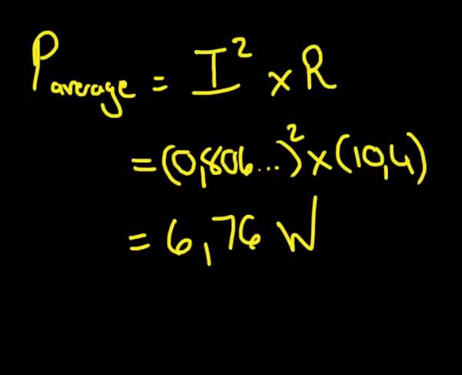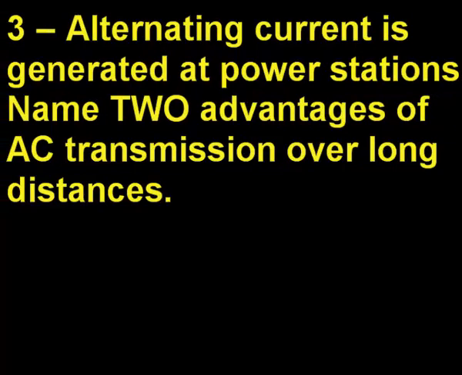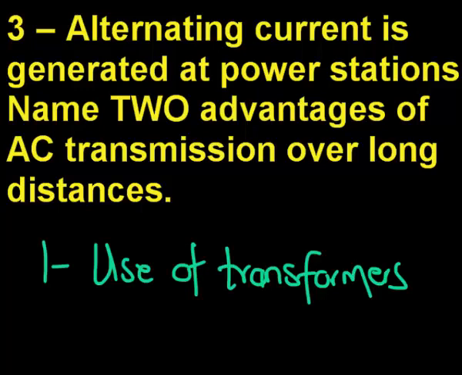The next question asks us about alternating current that is generated at power stations, which has two advantages in AC transmission over long distances. First off, if we have AC current, we are able to make use of transformers, and transformers are those apparatus that help us step up and step down our potential difference.